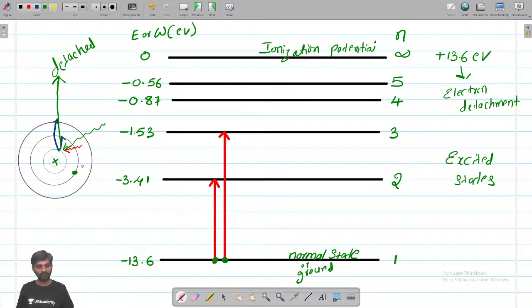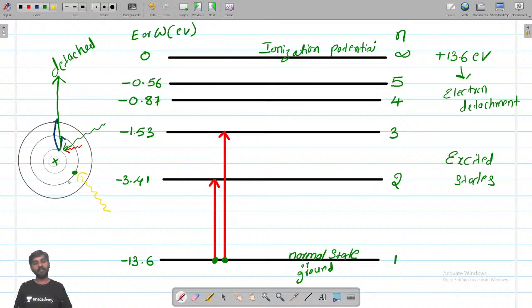You supply some external energy, and it is called collision. If an electron collides with an atom in an electric field, because of which the electron may move away from one level to the other level.